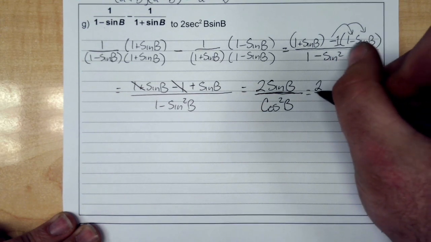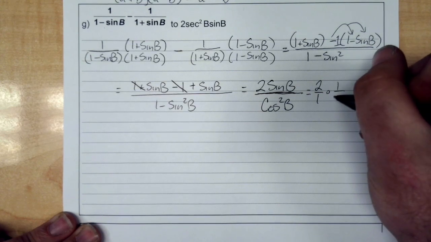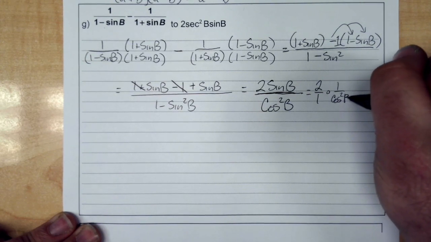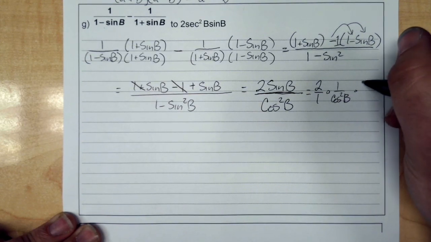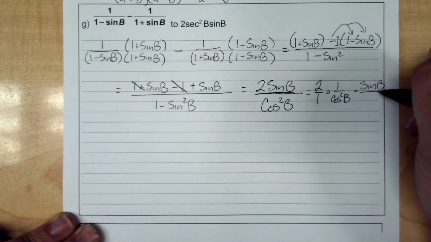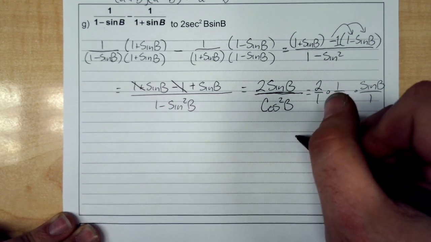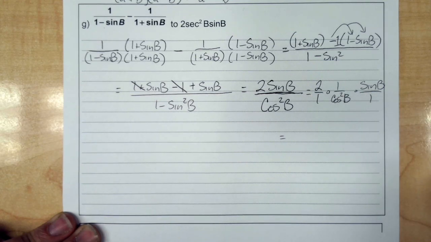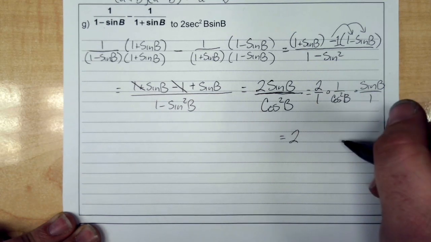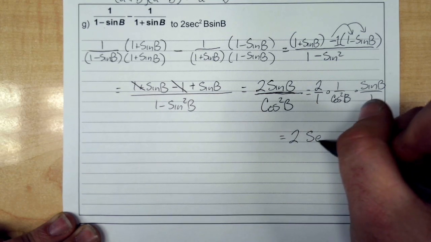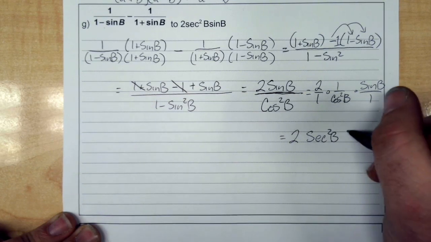We can make it 2 over 1 times 1 over the cosine squared times the sine over 1. And 1 over the cosine squared is really the secant squared. So finally, we've turned this into 2 times the secant squared times the sine.